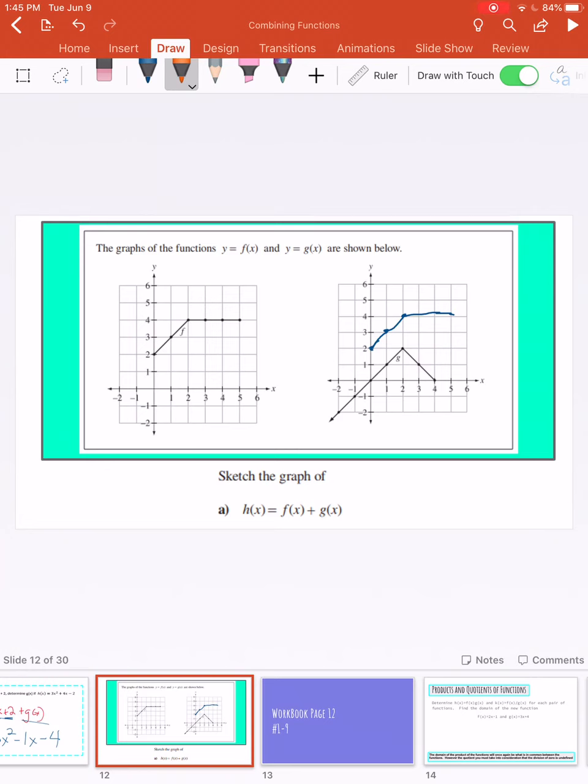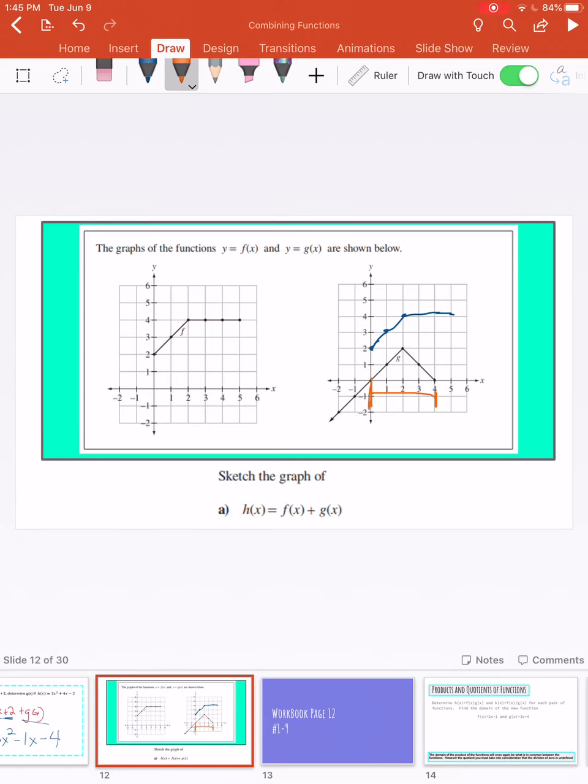So that means right away our domain for this new graph is going to be from 0 to 4, because those are the only places in the graph where I have two y values to add or subtract. Sometimes your question will be as simple as, what is the domain of the new function? Without even doing anything, we know the domain of the new function is between 0 and 4.